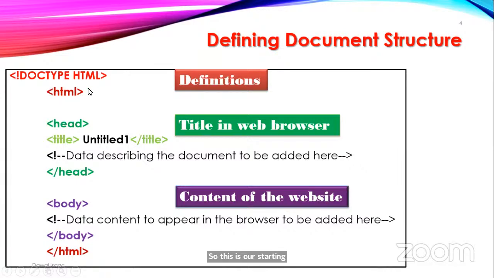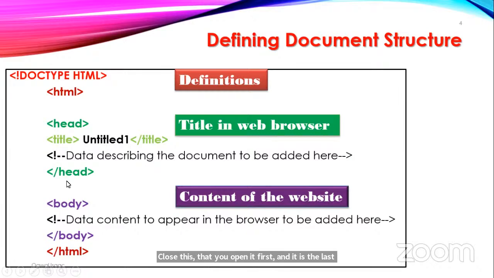We are now informing our browser that we are going to start working on our HTML document. When you're done working on your HTML document, you have to close. Take a keen look at the colors I've used. So you have to close this tag. You open it first, and it is the last tag to be closed here.